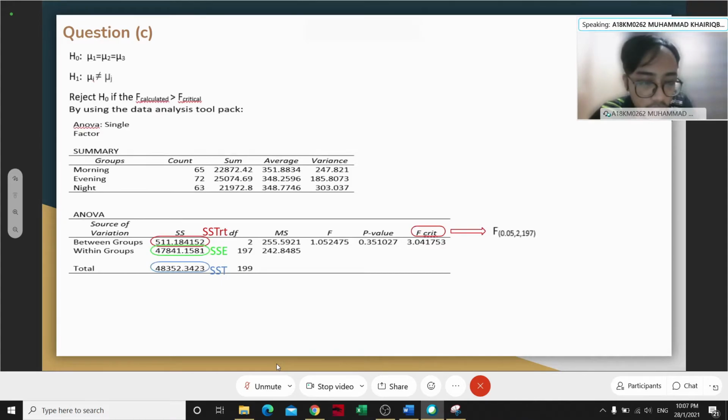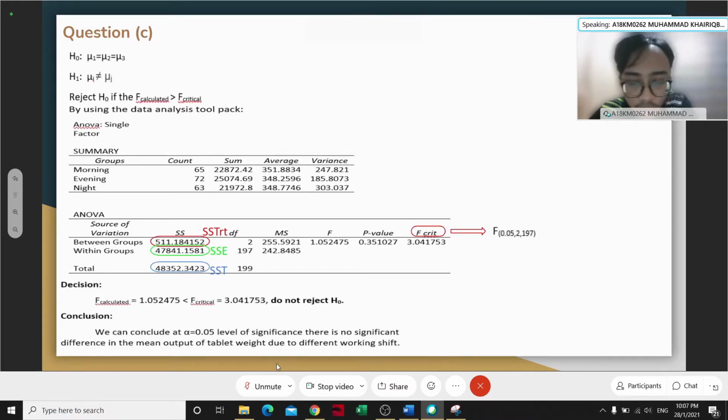By using the SSTRT and the SSE values, we can calculate the F value, which is equal to 1.052475. By comparing the F and the F critical value, we can clearly see that the F is less than the F critical, and because of that, we do not reject H0.